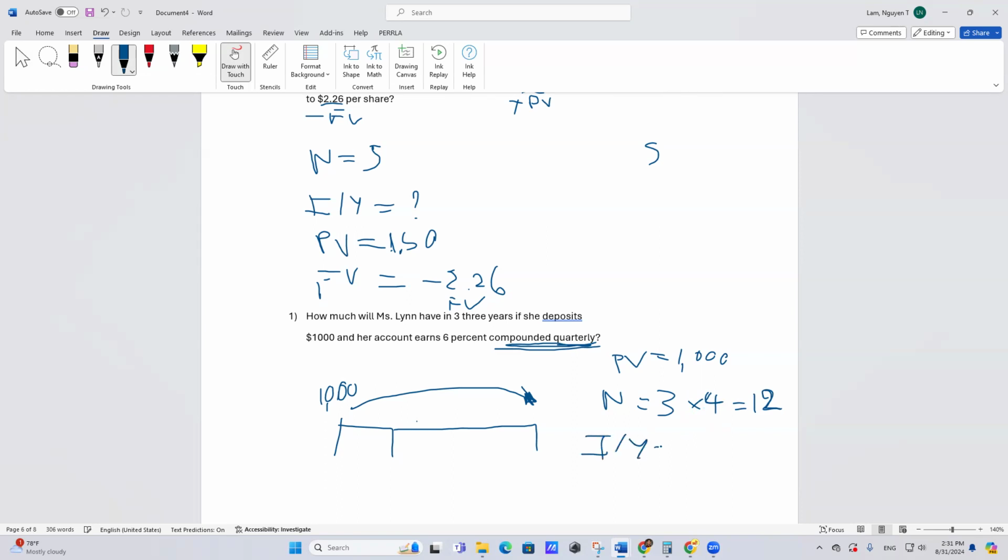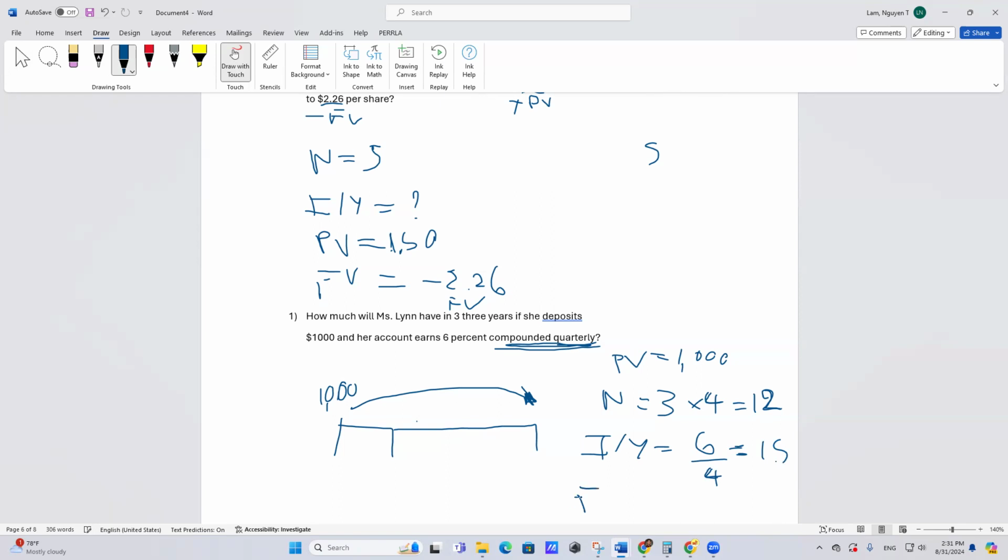I/Y is 6%, but for how many times per year? Four, right? Compounded quarterly. So you take 6 divided by 4. What did you get? 6 divided by 4 is 1.5%.